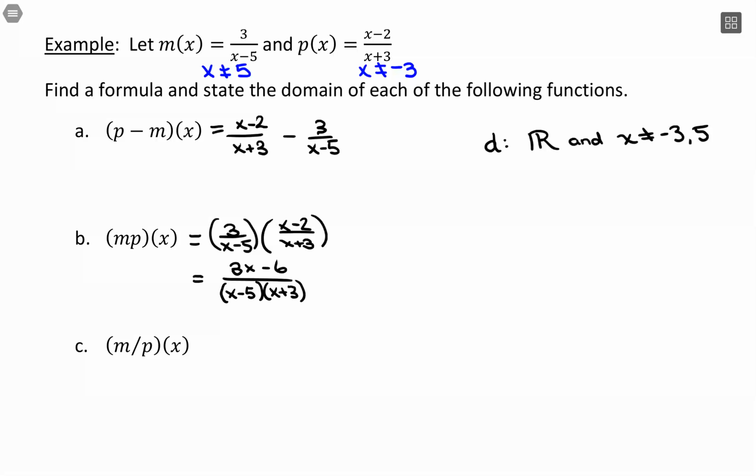We could multiply it out by foiling, but in this form, what we can really see is how we still can't plug in positive 5, we still can't plug in negative 3, because if we have 0 in either of those spots, then we'll have 0 in the denominator, and then it would all fall apart. So for the domain, it stays the same: x cannot be negative 3 or positive 5.